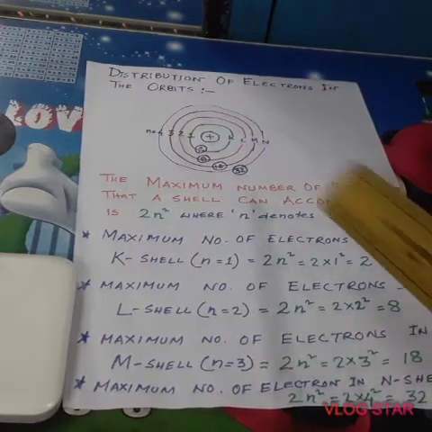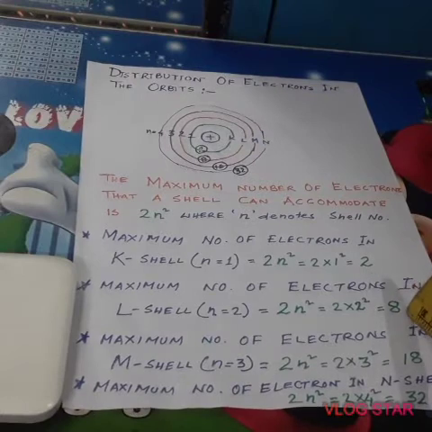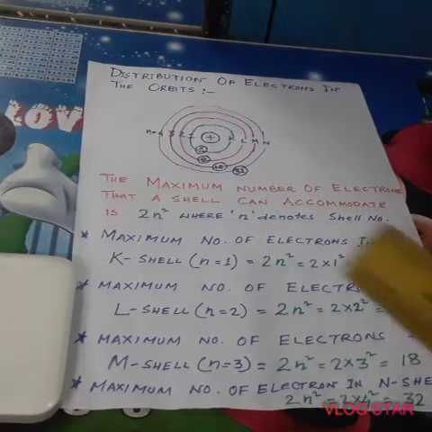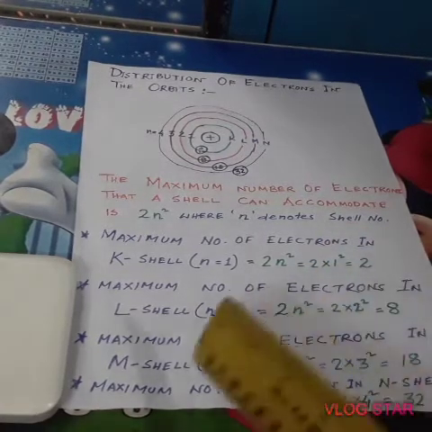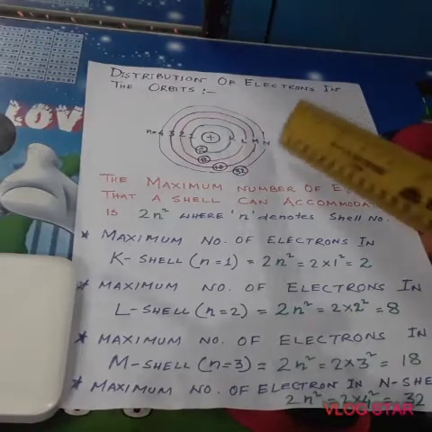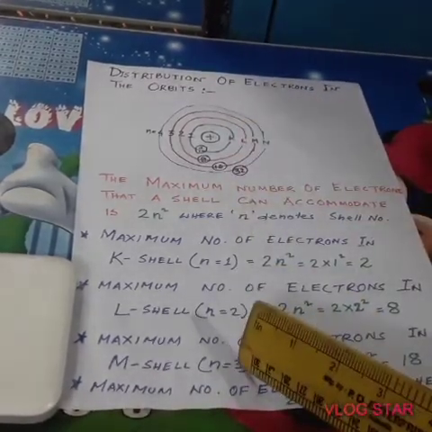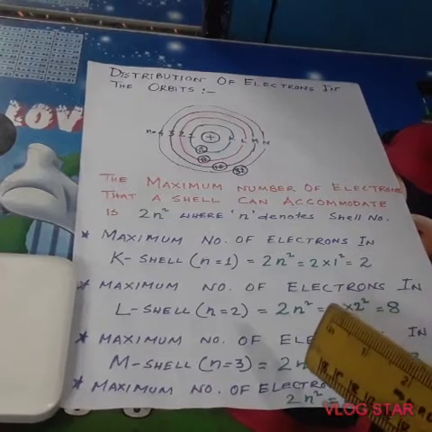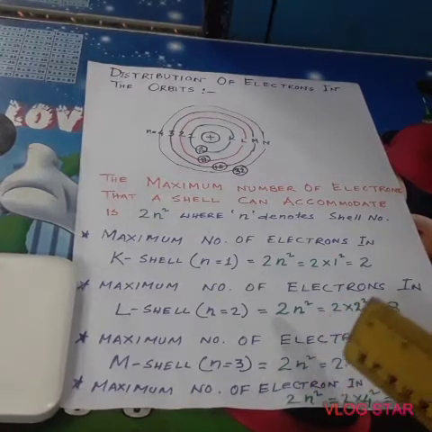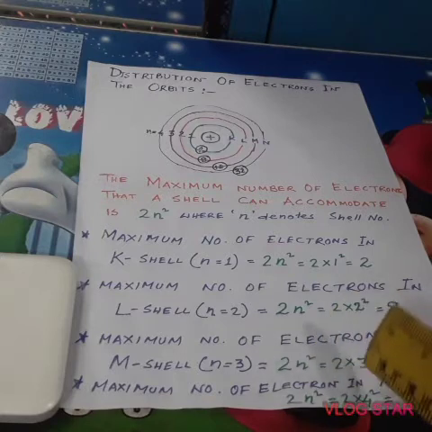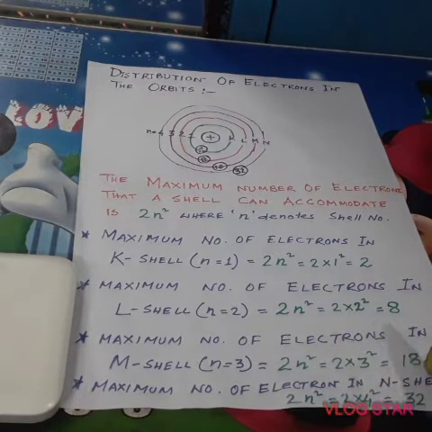So in the second orbit, a maximum of 8 electrons can be placed. Similarly, the maximum number of electrons in the M shell, that means the third orbit, n equals 3. Putting the value of n equal to 3, we get 18.